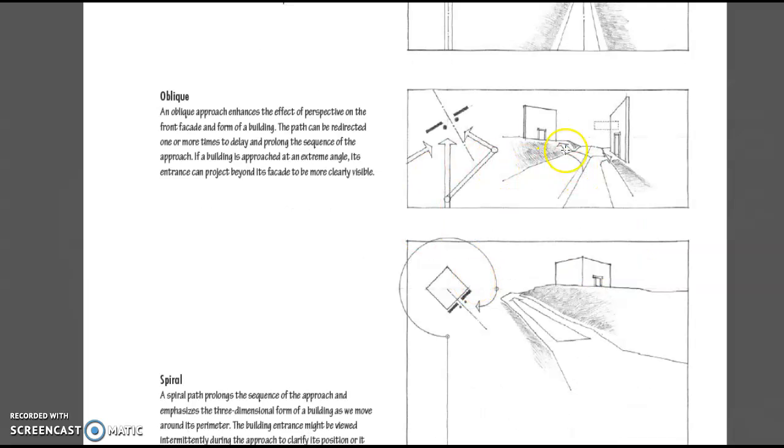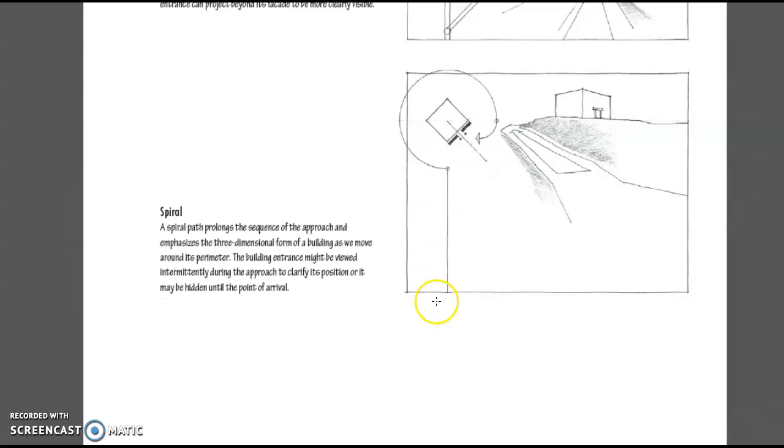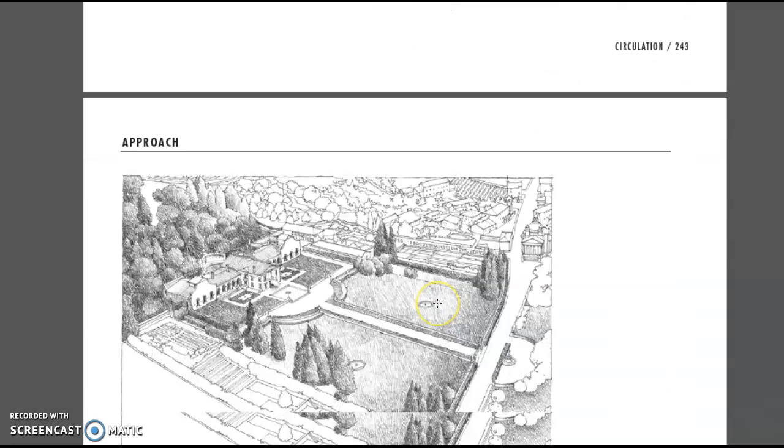They actually face the observer passing through the road, so the buildings are more distinguished because they are facing the passerby. This is the spiral approach which I told you about at Ronchamp. The movement is all around the building and then they enter the main building. So these are the three different types of approaches.